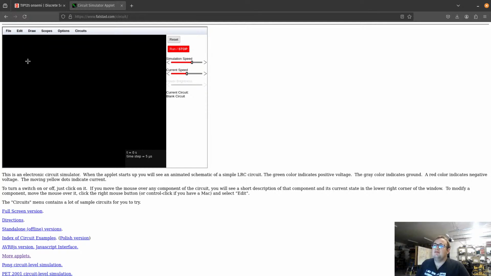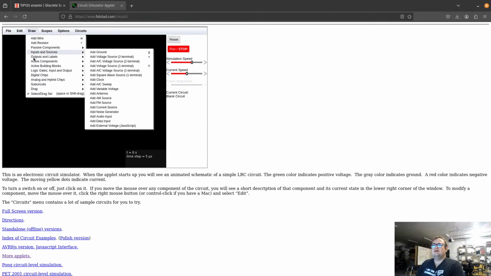We have a resistor, another resistor, another resistor. Then we'll just draw in a wire here. Delete. Just draw on the input source here.